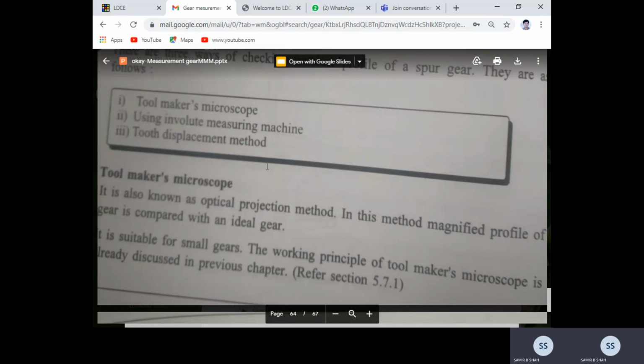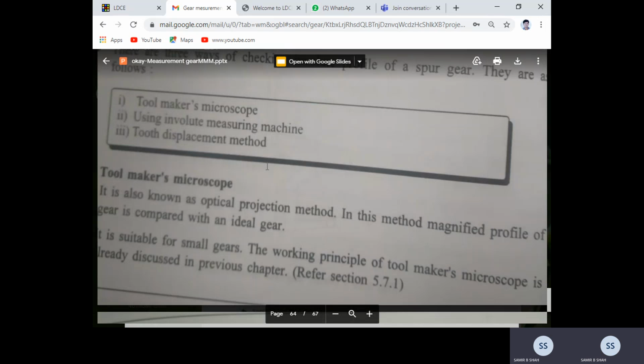For larger gears, most probably this method is adopted. The gear is rotated through a small angle, and readings are taken on a vertical measuring machine. These readings are compared with the analytical calculation. Mostly 5 or 10 readings along the flank of the teeth and angular increments are taken. If you see the figure, it is very easy to understand how they measure.